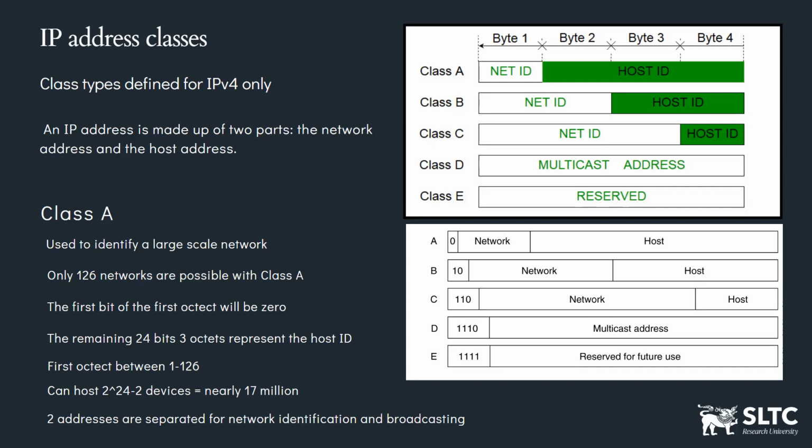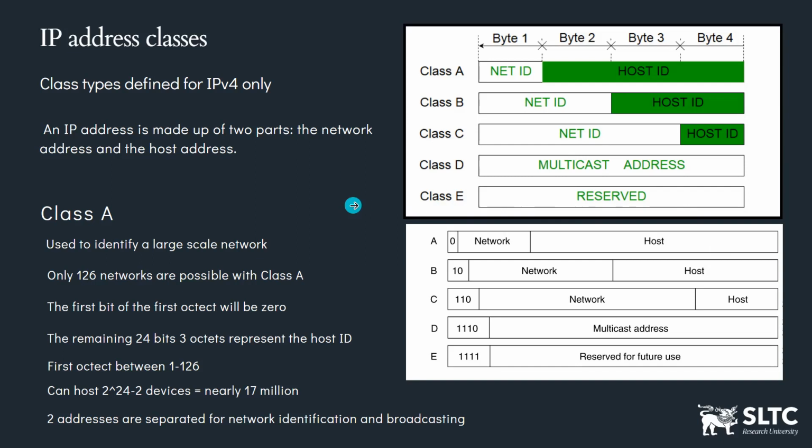So 2 addresses will always be removed from the host address range to find the total number of host devices that we can address using the specific class. Therefore, we have nearly 17 million unique host addresses that we can supply using class A IP addresses.